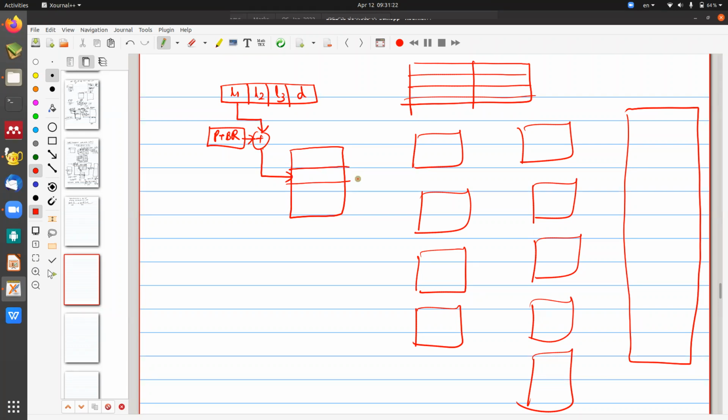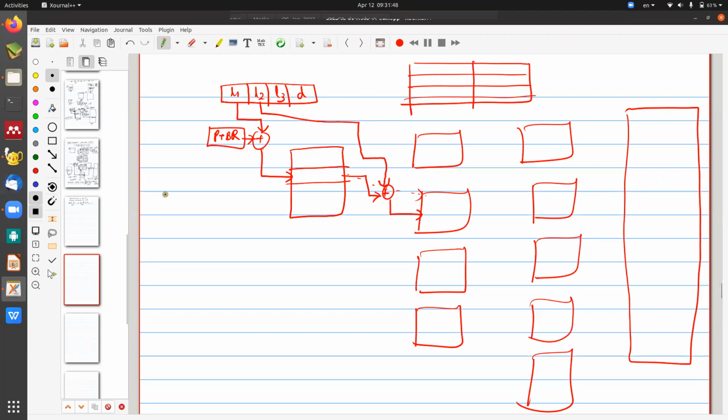So इसमें क्या होगा? Suppose he is remembering this particular address, then if you want to add it, this thing plus this, tell me, the second level page table is coming.